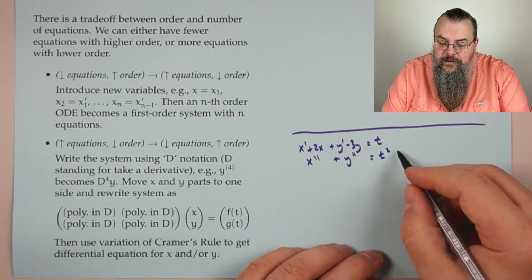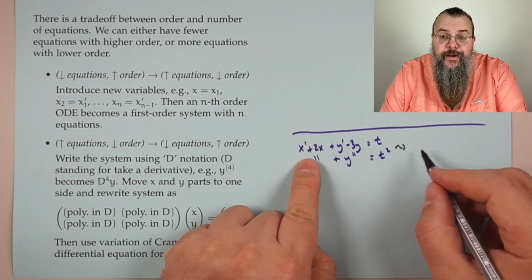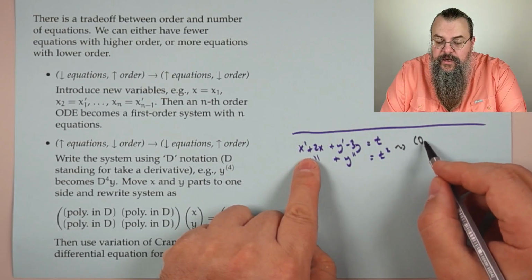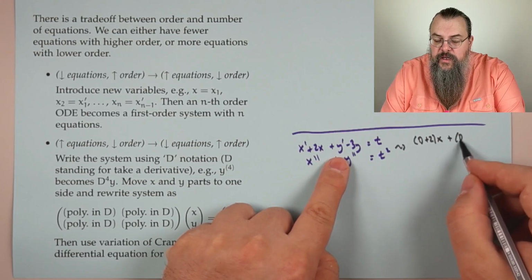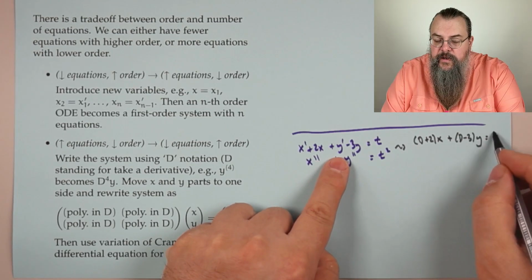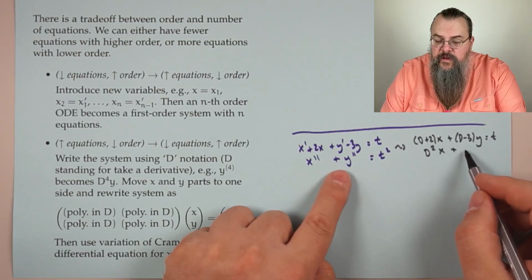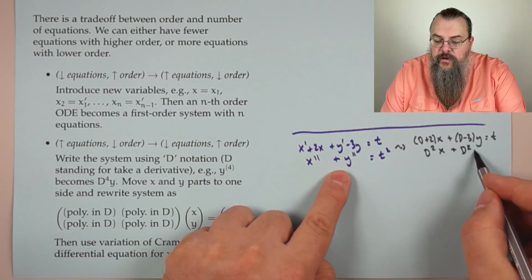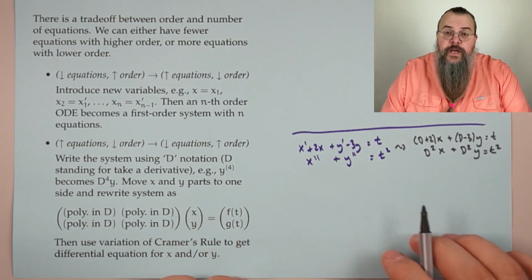Well, it gives us the following. It says, look, x prime, that's d times x. So we get d and then plus 2x. Here, it would be d minus 3y. Downstairs, d squared x, here d squared y. All right, now what do we get?